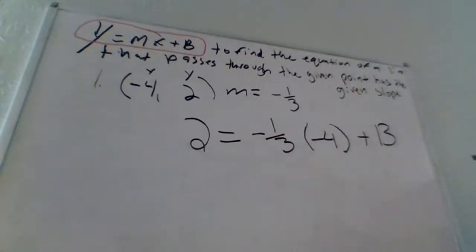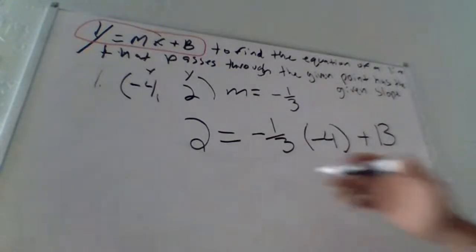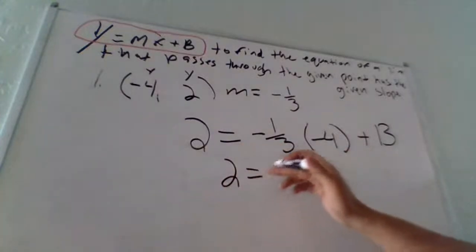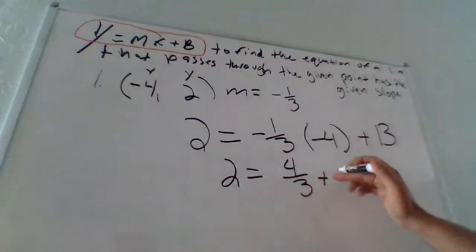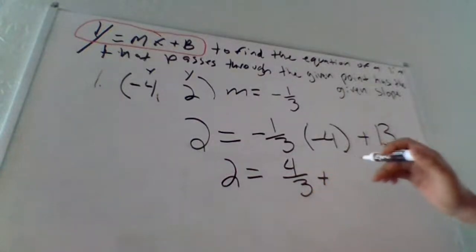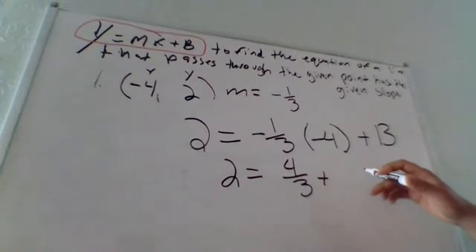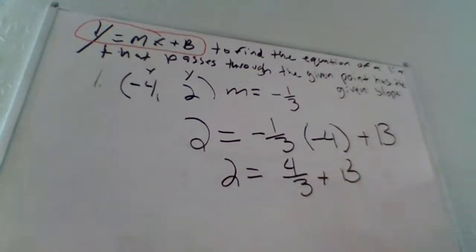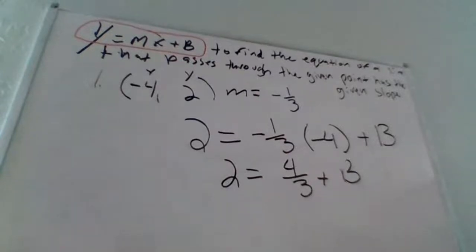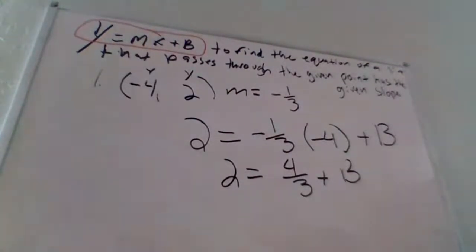So now we got 2 equals 4/3 plus b. I'll keep that improper fraction, plus b. Okay, perfect. Then what? And now we have 2 minus 4/3 equals b.